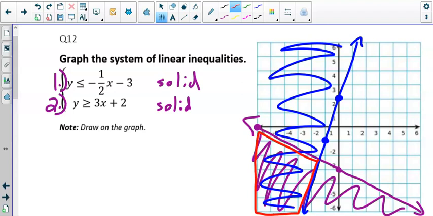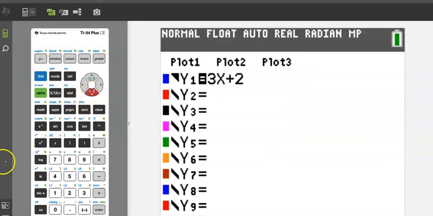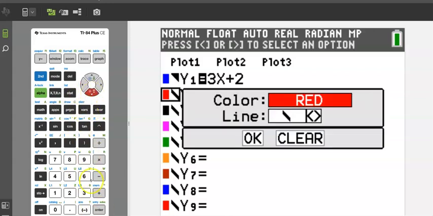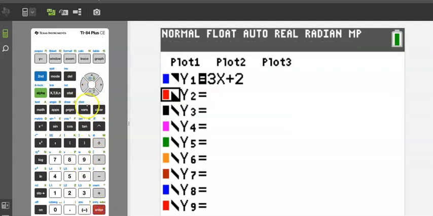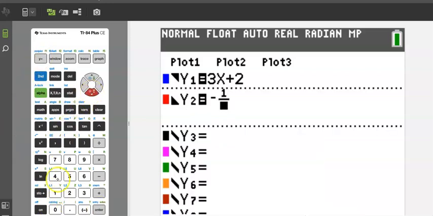And again, your calculator can show you all that information. So I shouldn't have probably deleted out the other guy. But let me get it back in there real quick. Want the bottom triangle this time. And this was y equals 1 over 2 x, and it was minus 3, right?